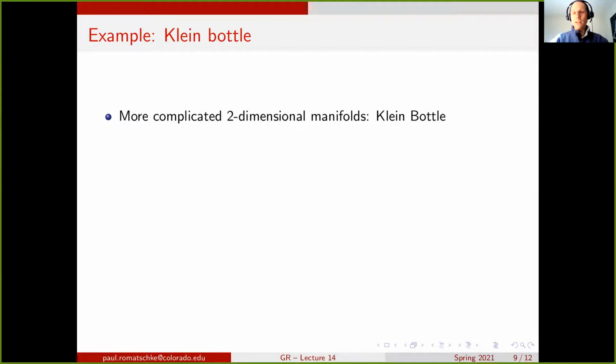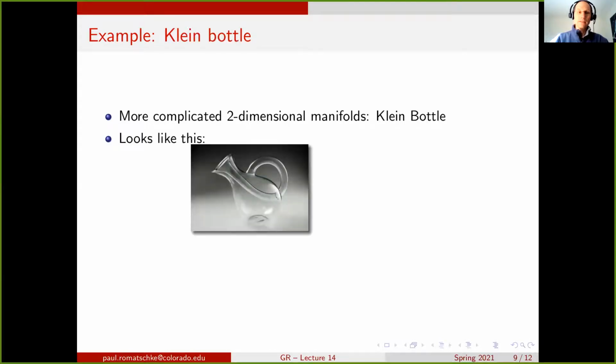One of the examples that I want to highlight is the so-called Klein bottle. It looks like this. So basically, it is a two-dimensional non-orientable surface. You have this picture here where you have the handle of this vase that goes out, comes out here, wraps around, and then is nothing else but the wall of this vase here.